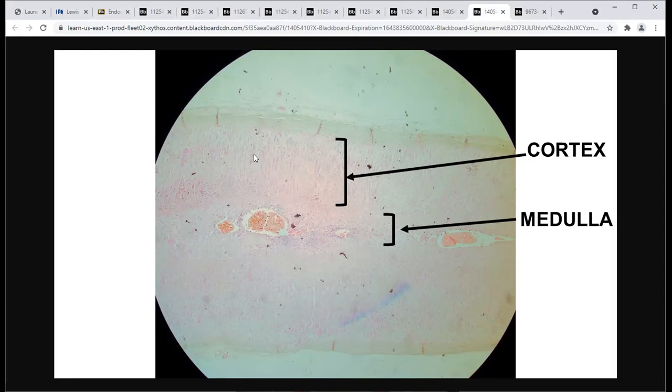So the contents of this table plus your notes, because in some places we simplified content of the table, will be a really essential part to answer all questions about the endocrine glands, their hormones, and their target cells and functions for this practical.